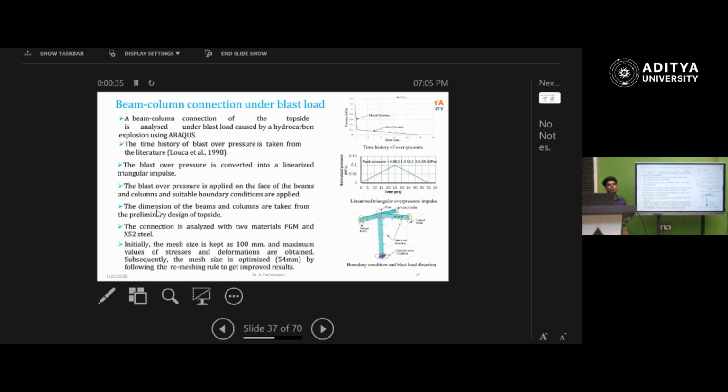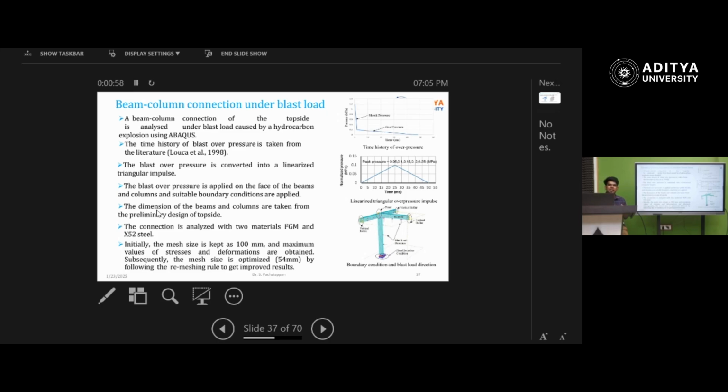Those who are doing numerical simulations would have heard the term mesh convergence analysis. In the finite element method, we are discretizing the structure into infinitesimally short blocks, and we are plotting the stress, strain, plastic strain, all those plots.